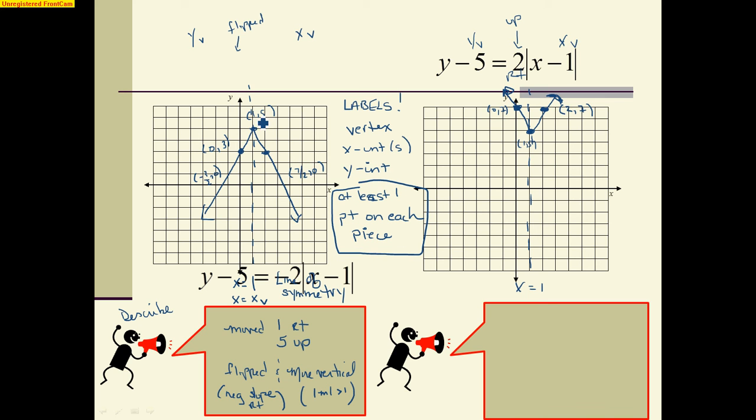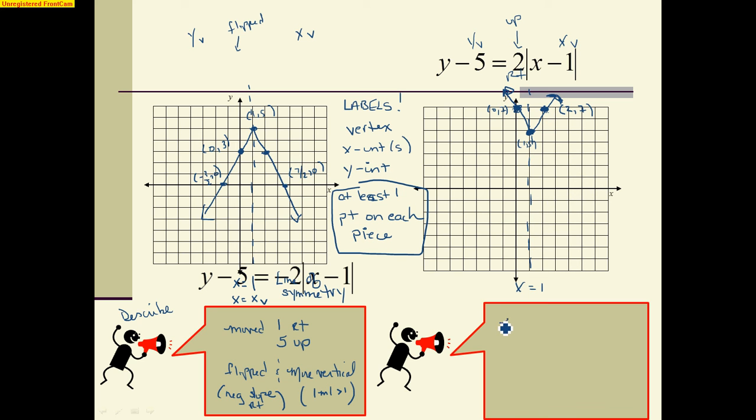So over here I had the vertex, the x-intercepts, and I had the y-intercept. I don't have to label this point. You can, but I don't have to. But over here, I had the vertex and the y-intercept, but I had to graph this symmetric point. I used the line of symmetry to just fold it across, because that way I got one point on each piece.